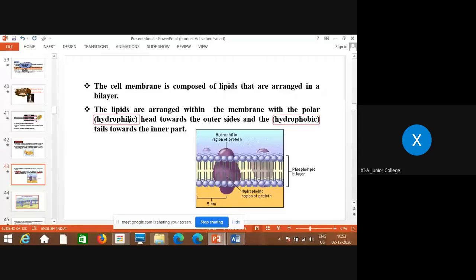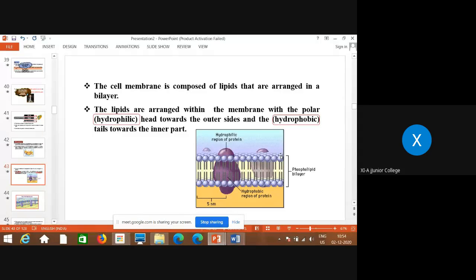Hydrophilic means affinity with water. So heads have affinity with water and tails do not have affinity with water. So in this way they are arranged. This is one layer, this is another layer. Heads are arranged outwardly, whereas tails are inwardly directed, right? So these are the tails and these are the heads.